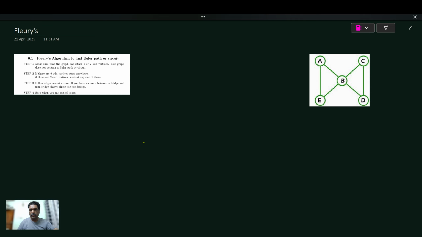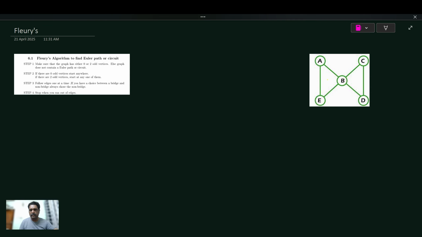Here we have a graph with vertices A, B, C, D, and E. The degree of A is equal to 2, C is 2, D is 2, and the degree of E is also 2, and the degree of the vertex B is 1, 2, 3, 4. It is 4.